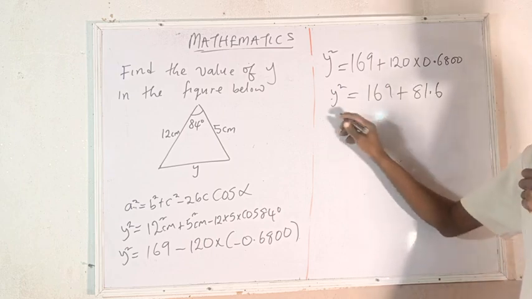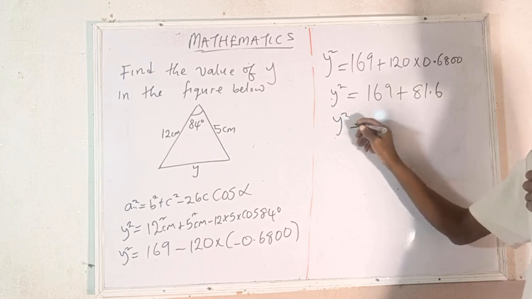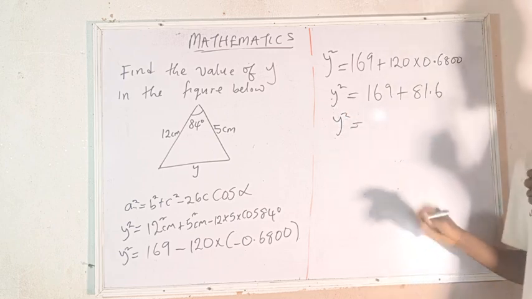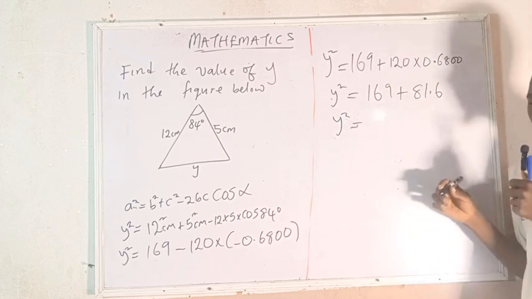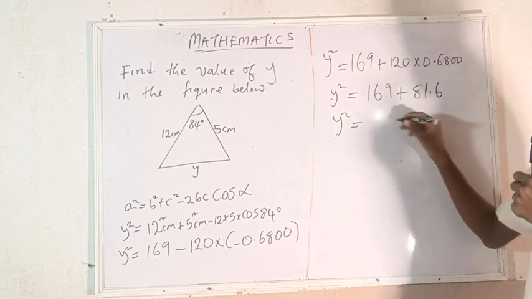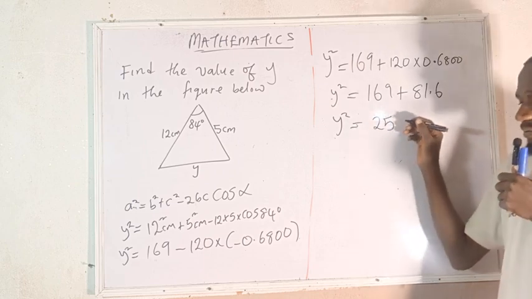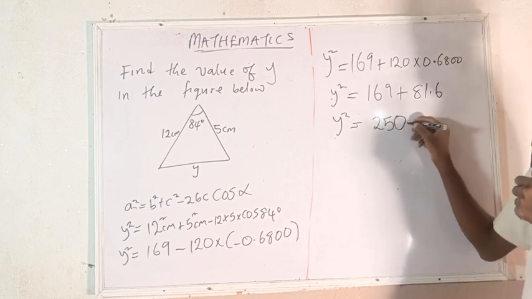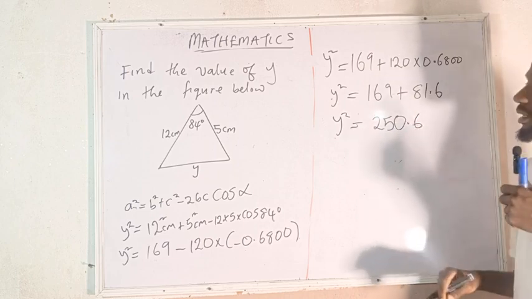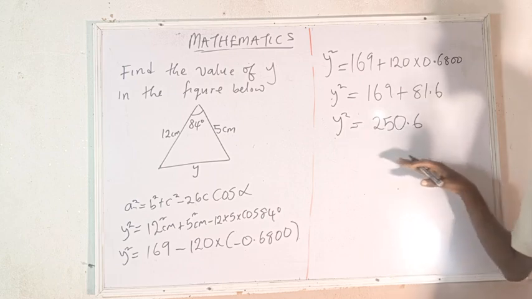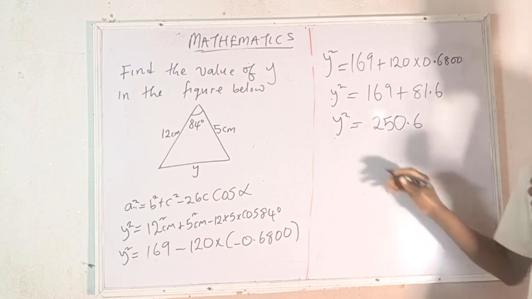Now we can add: y square is equal to 169 plus 81.6, you will get 250.6. If you reach this stage, you can take the square root of both sides.